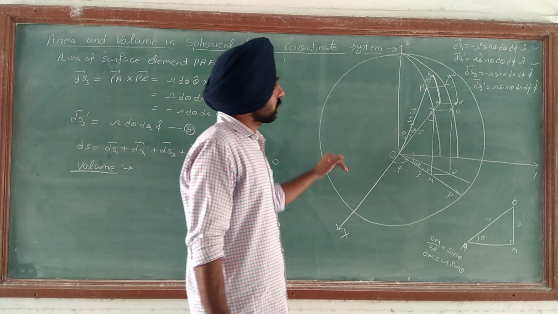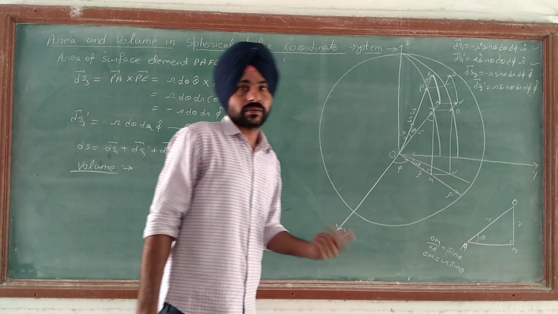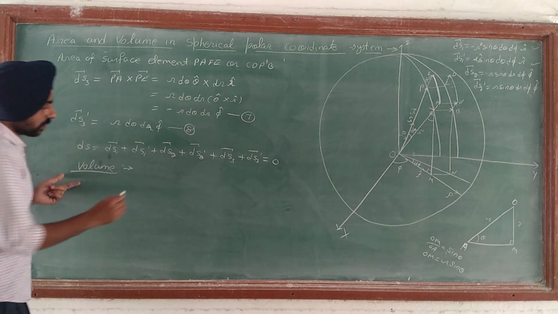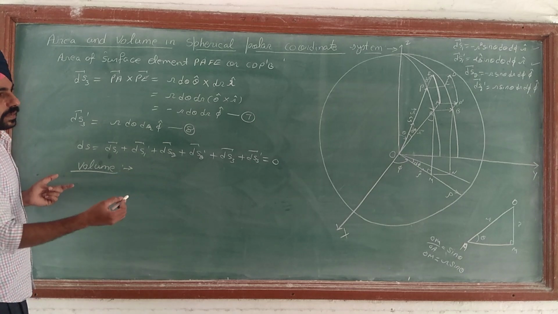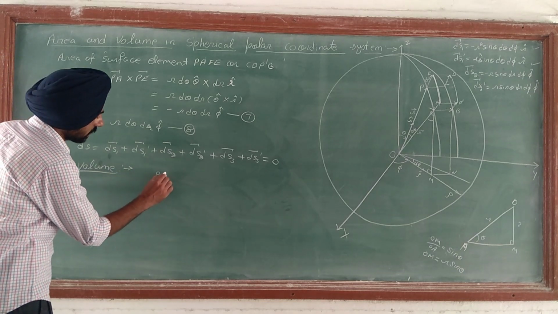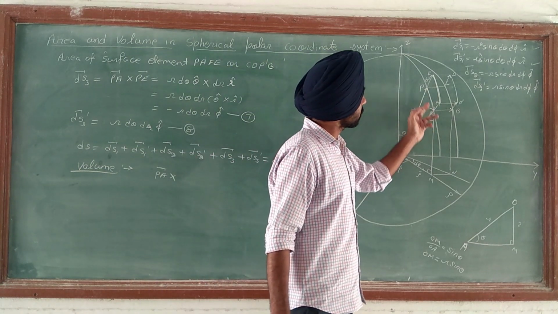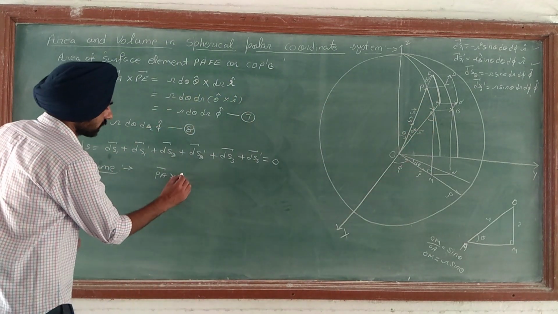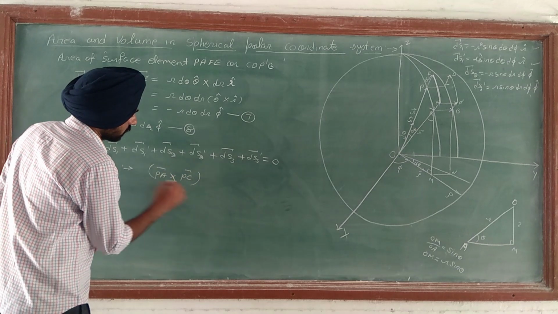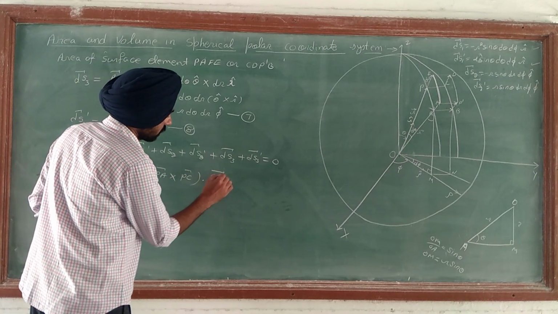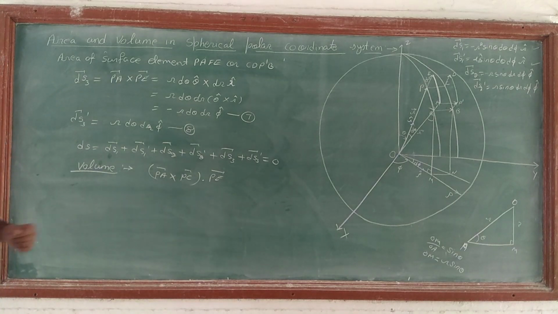The way of calculating the area and volume is same. So what was the volume? It was area of the base. Area of the base was PA cross PC, the area of this face. And height is PE.